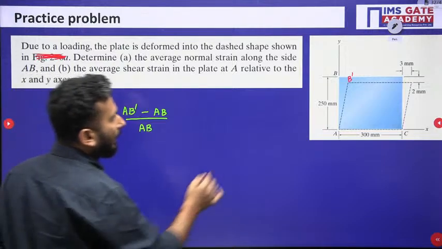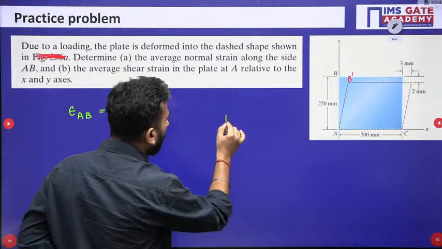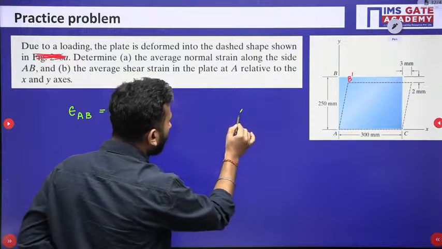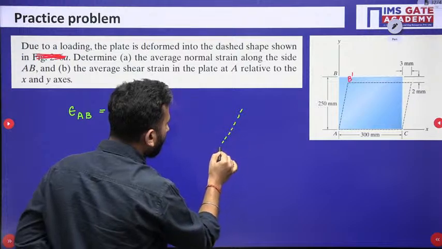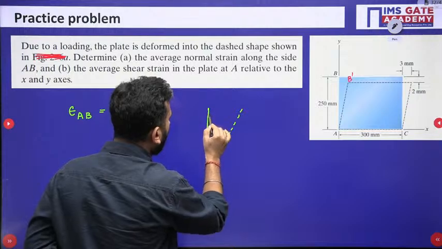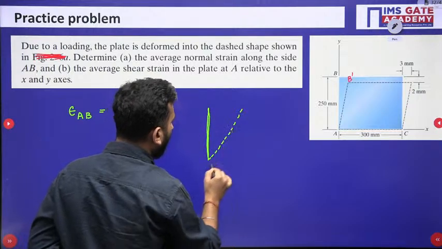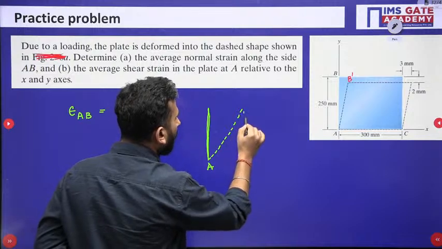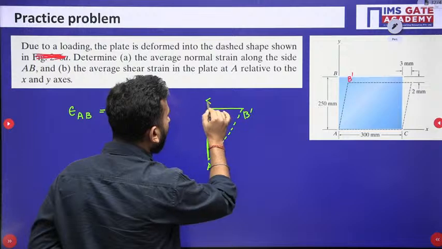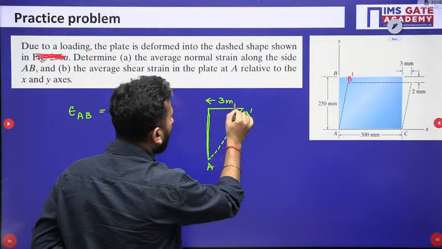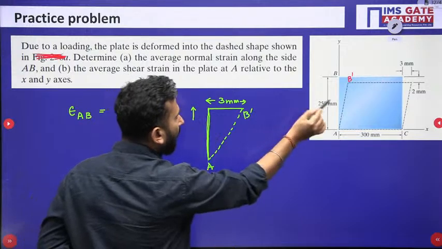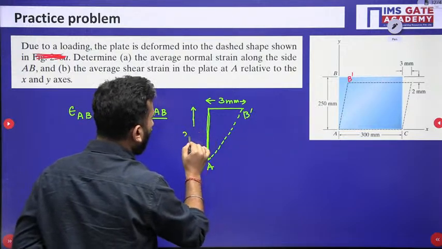So how to find out AB dash? I need to calculate AB dash. This distance is given as 3 mm and this height is given as 250 minus 2, that is 248 mm.